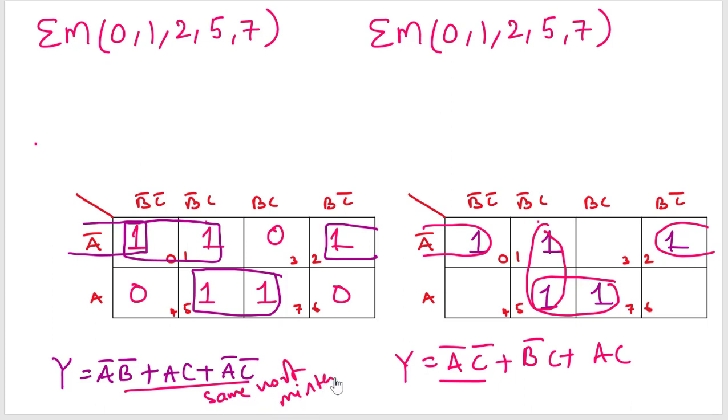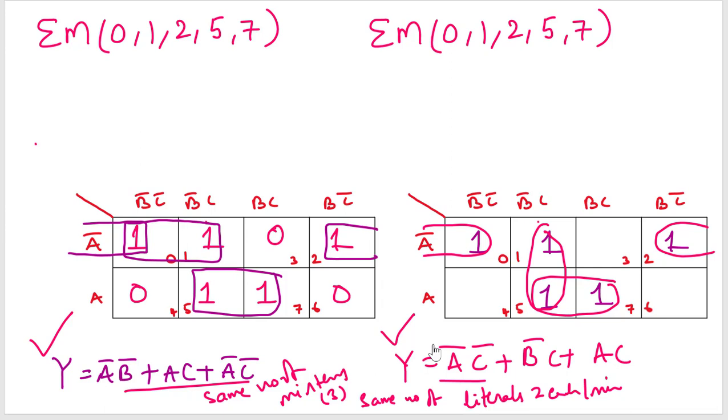Both have three minterms. Similarly, the same number of literals, that means two literals for each minterm. So you can take either this solution as the final solution or the other solution as final. Both are acceptable forms.